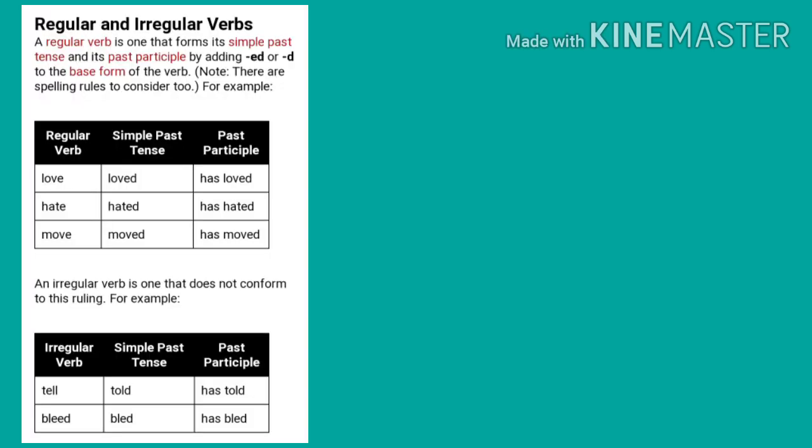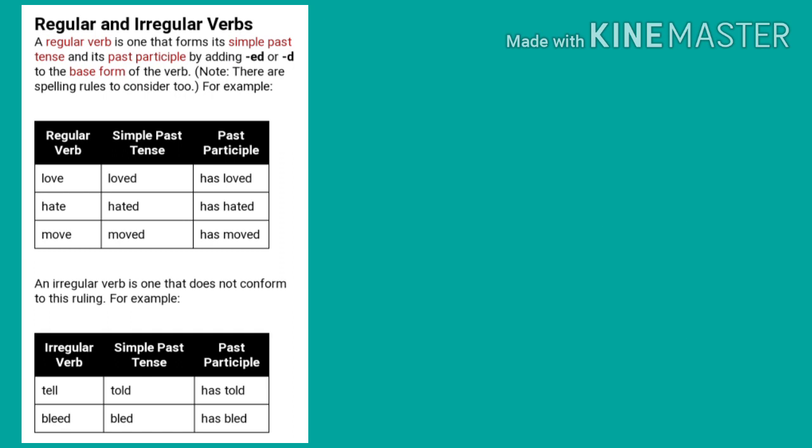Now we can learn regular and irregular verbs in English. A regular verb is one that forms its simple past tense and past participle by adding ed or d to the base form of the verb. That means with the first form of the verb we can add d or ed, and we can make the second and the third form.